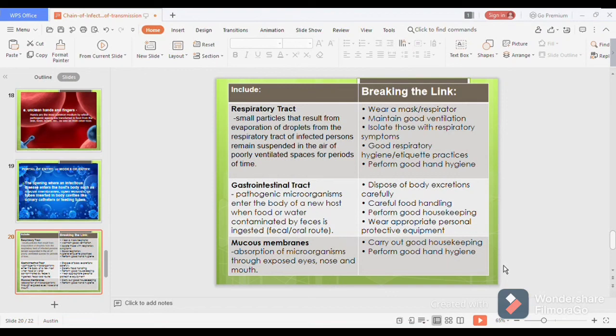So mas dali lang jud siya mag-reproduce sa mga microorganisms sa imong face na mag-create og mga ugas ngana kung dili ka magkabalo mag-alaga sa imong personal body or imong body. So breaking the link, carry out good housekeeping, and perform a good hand hygiene.